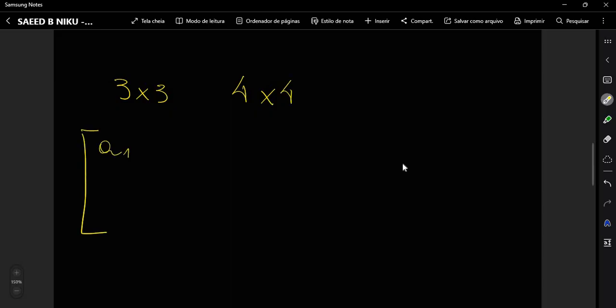and if you remember from your classes, on a matrix we have the columns and we have the rows.